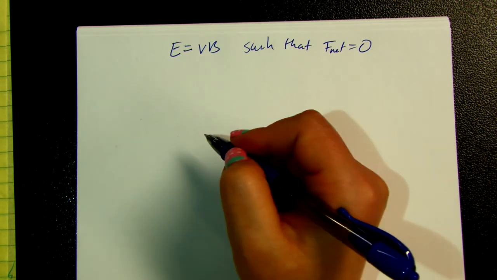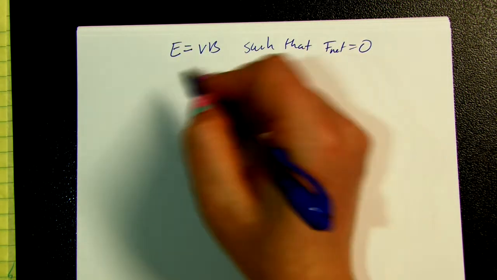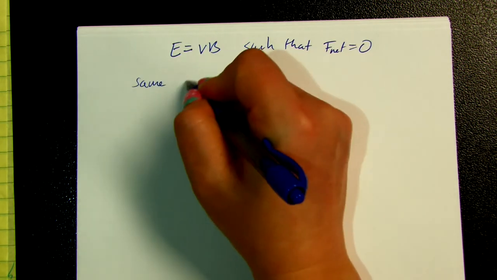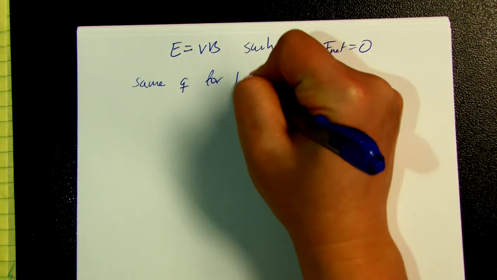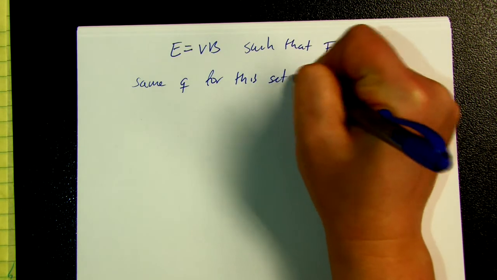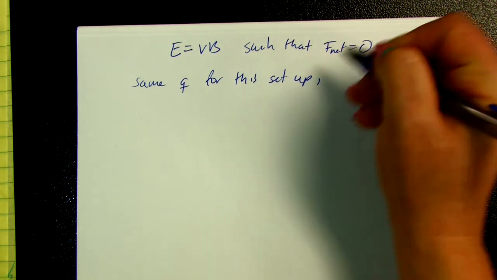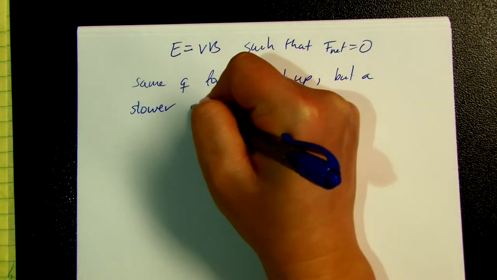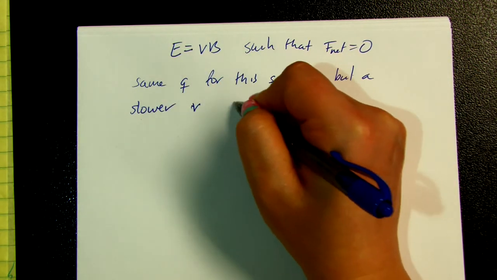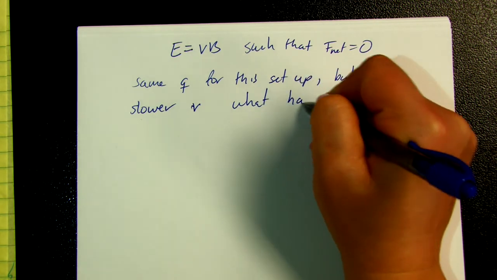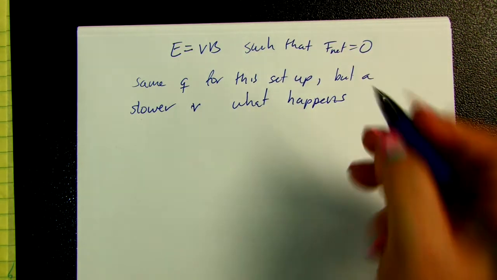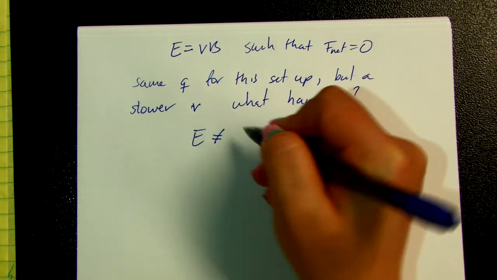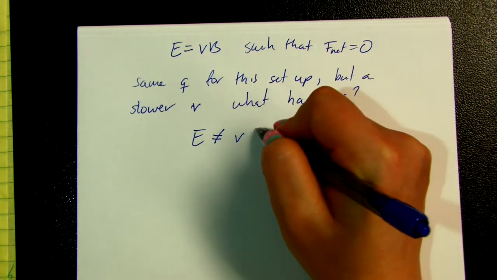Now let's say we have a particle that comes in, same Q, so same charge for this setup, but a slower velocity. So what happens? Well, then the electric field is no longer equal to VB.